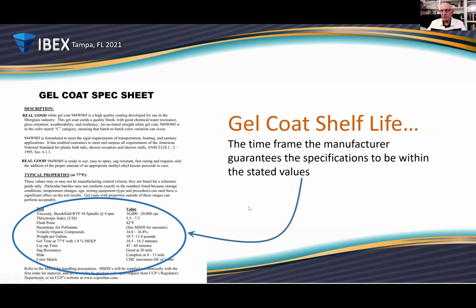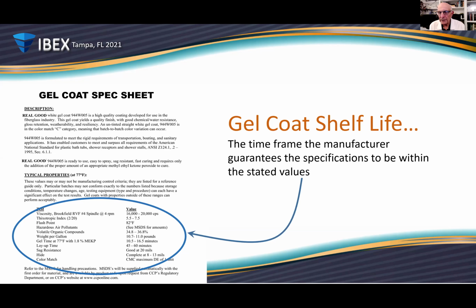All of those values are the values that the gel coat manufacturer guarantees if the gel coat is within its shelf life. However, when the gel coat exceeds its shelf life, there are no guarantees that it's going to be within specification.